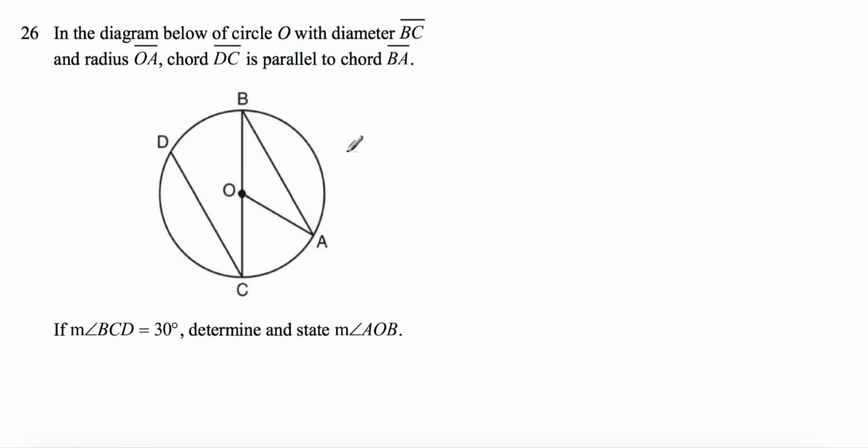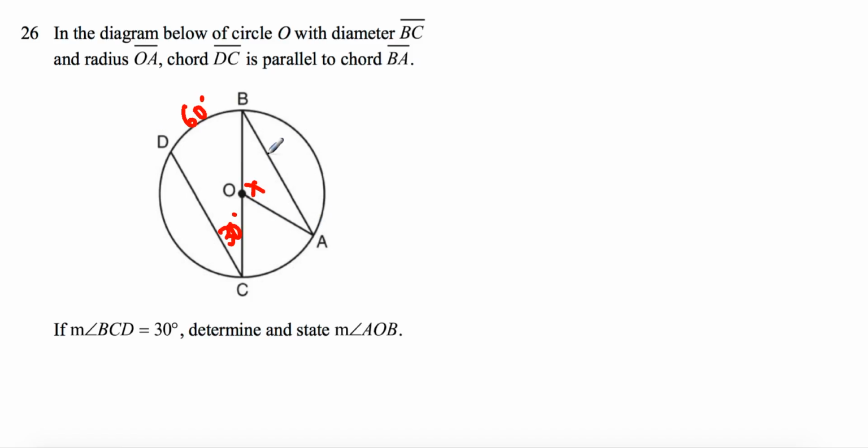In the diagram below, here is circle O, and angle BCD is equal to 30. Then that tells you that this arc BD is equal to 60. And then state the measure of the angle AOB. What's the measure of this angle?